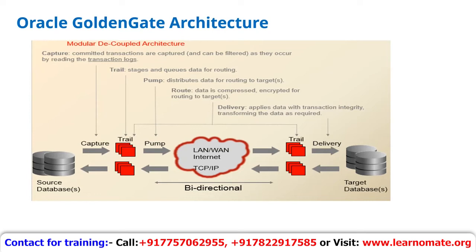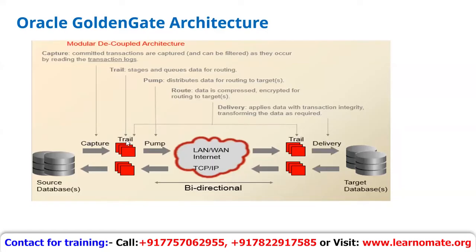However, for data purpose, each process is dependent on each other. The pump process is reading data from, and remember one thing, the target of extract and the source of pump is the same.